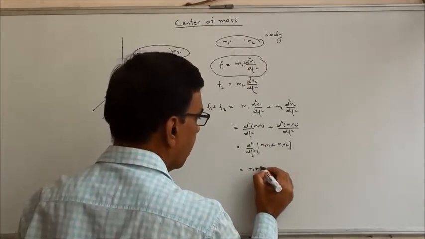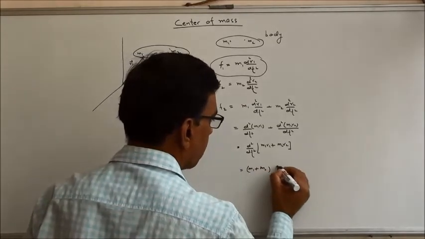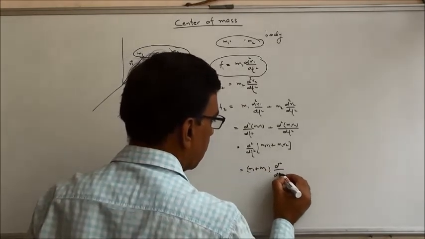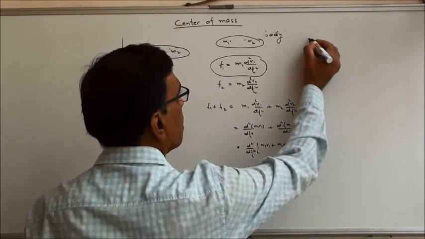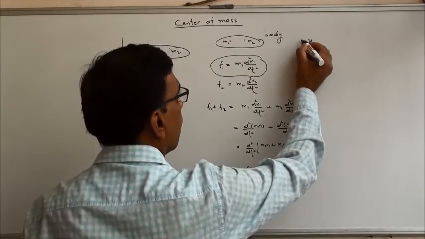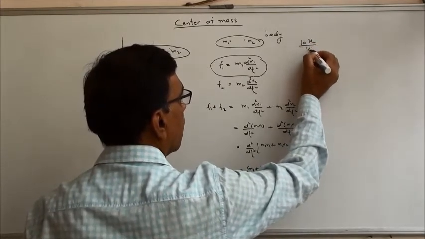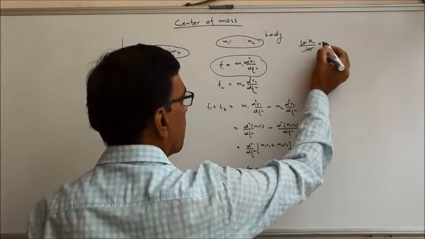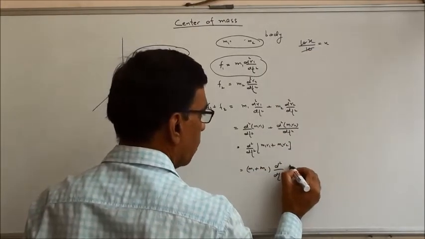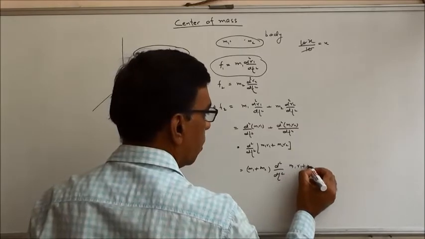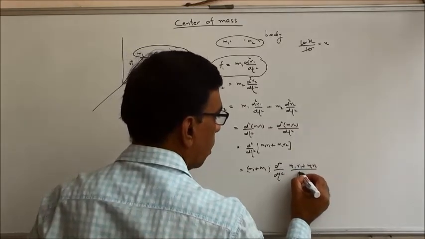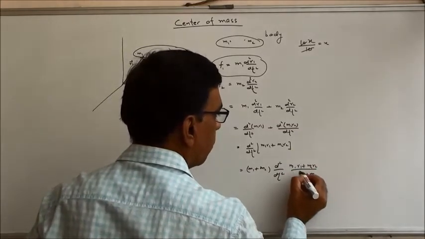Let me multiply and divide it by this term. It doesn't make any difference. If I have any quantity, say x, I multiply it by 10 and divide by 10, so it still remains x. So m1r1 plus m2r2 upon m1 plus m2.